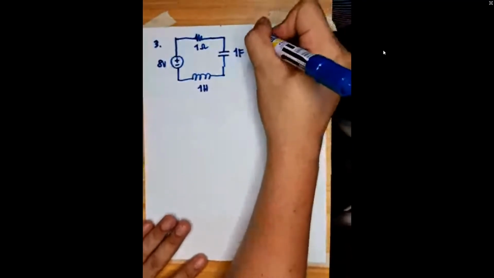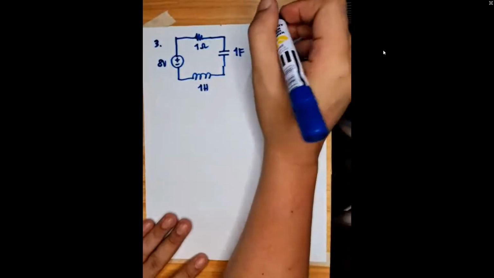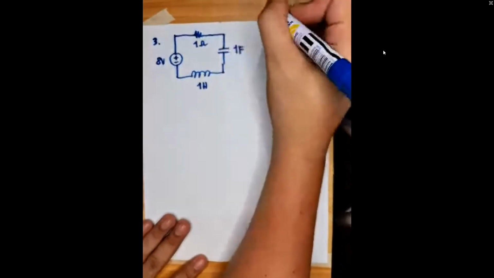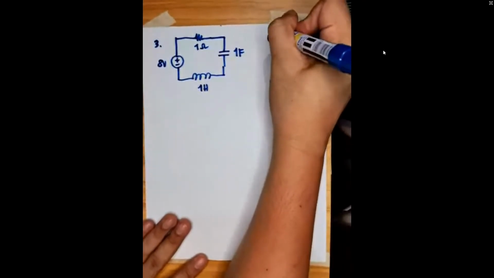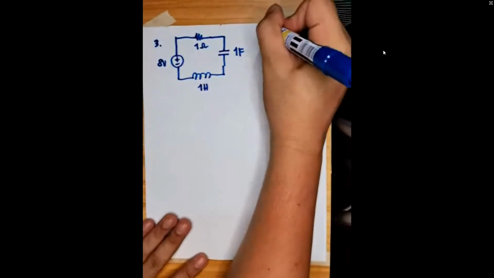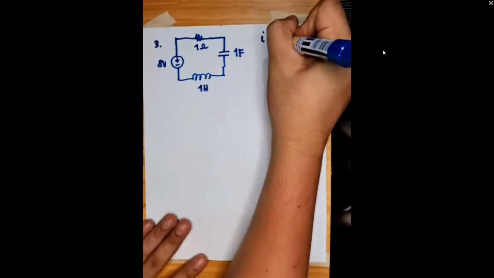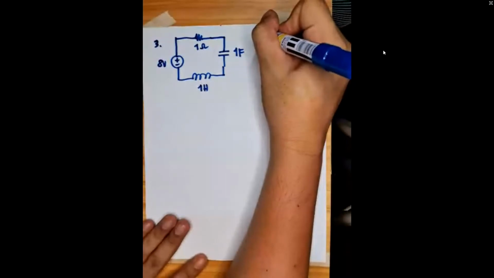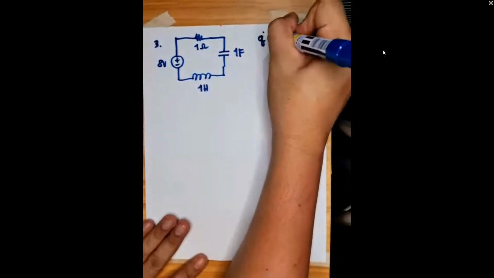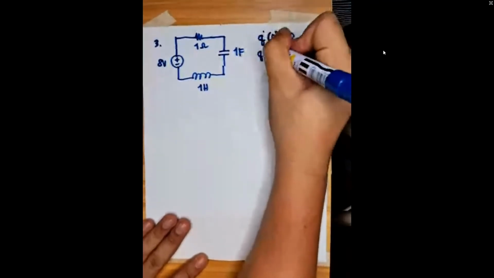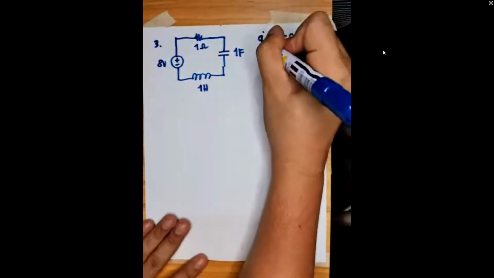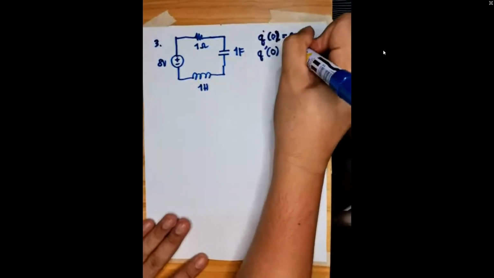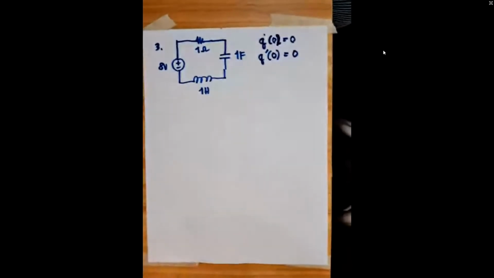Okay, so let's assume that, ano tinatanong ay? When t is 0, i is 0. Q is 0. Yeah. When the time is 0, q prime is also 0. Assume na lang natin na ganyan.